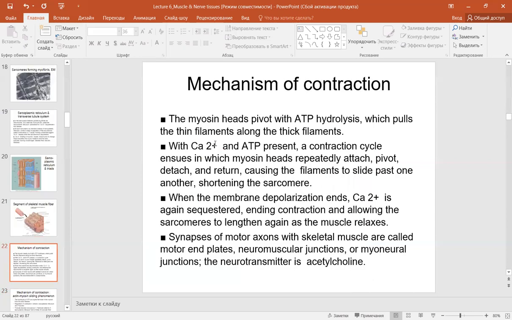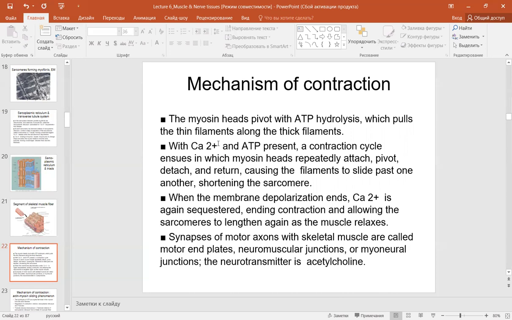Mechanism of contraction. The myosin has pivot with ATP hydrolysis, which pulls the thin filaments along the thick filament. With calcium ions and ATP present, the contraction cycle ensues, in which myosin heads repeatedly attach, pivot, detach, and return, causing the filaments to slide past one another, shortening the sarcomere, and subsequently shortening the myofibril, the muscular fiber, and the muscle as the organ.